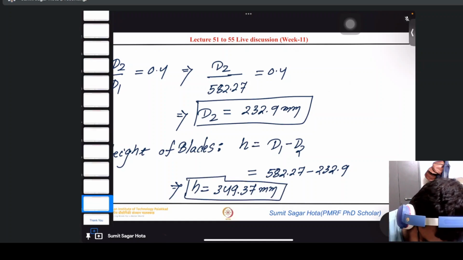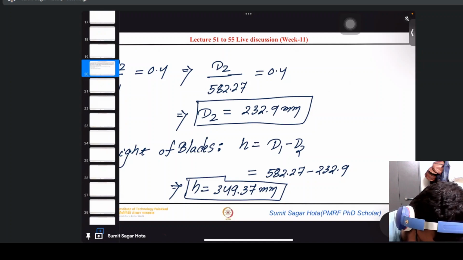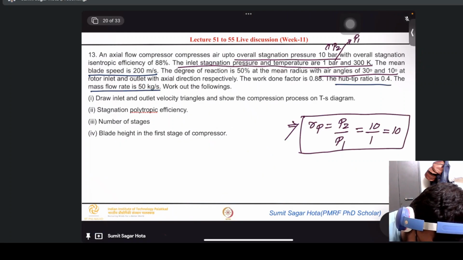I think this will be the third bit, the blade height in the first stage of the compressor.